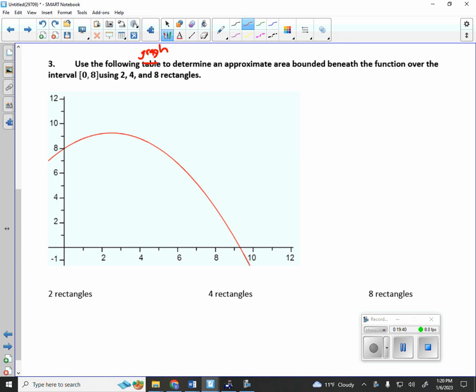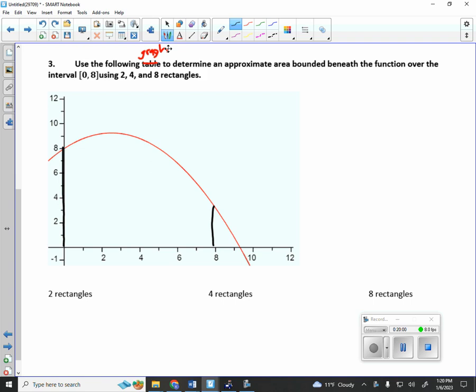What is my interval from what to what? So I'm going from 0, I'm going to draw a line there, and I'm going over to 8. Now this is really an approximation, so on your test there's no single answer that's correct. So there's a boundary that I would use. We're dividing it into 2 rectangles.